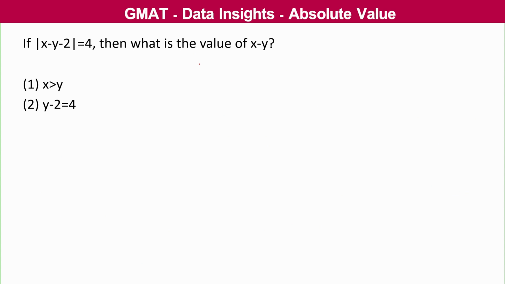Let's look at the next question. So the question is, if mod of x minus y minus 2 is equal to 4, then what is the value of x minus y? So as we know that if mod of a is equal to b, either a is equal to b or it is equal to minus b.